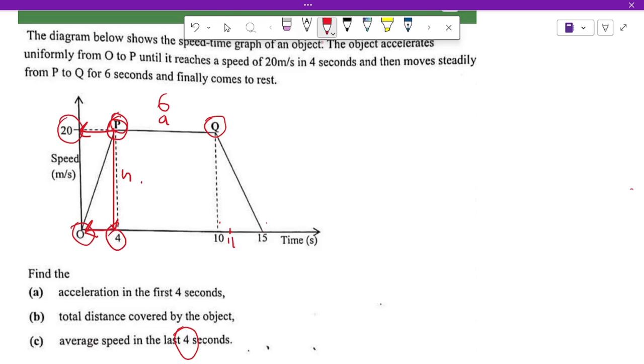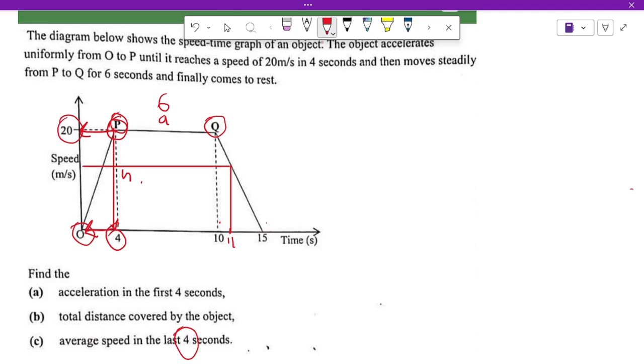So now we need to know, if we take it up like that, we need to know the speed at this point. So we need to come this side, need to straighten up. Nice.